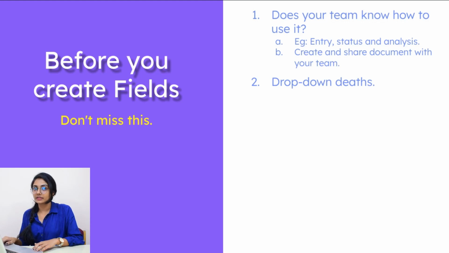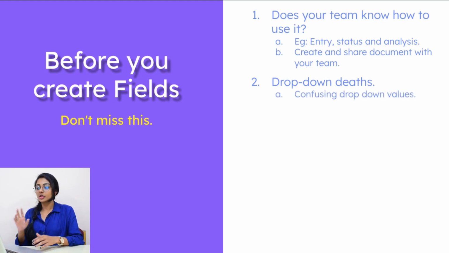The next point we have is dropdown values. This is related to the confusion in dropdowns. Many times a customer provides different categorizations for the same type of inputs in the same dropdown. An example of this is lead source.